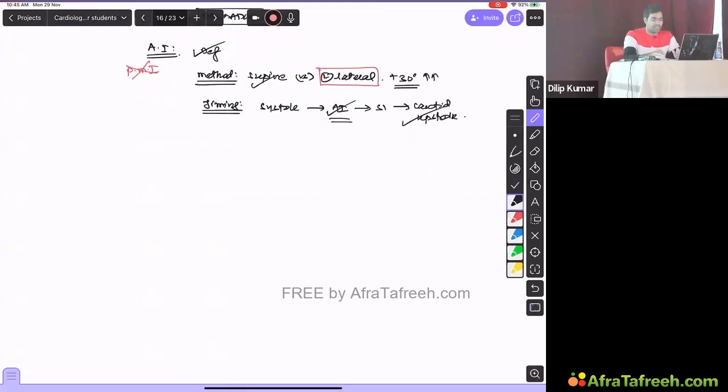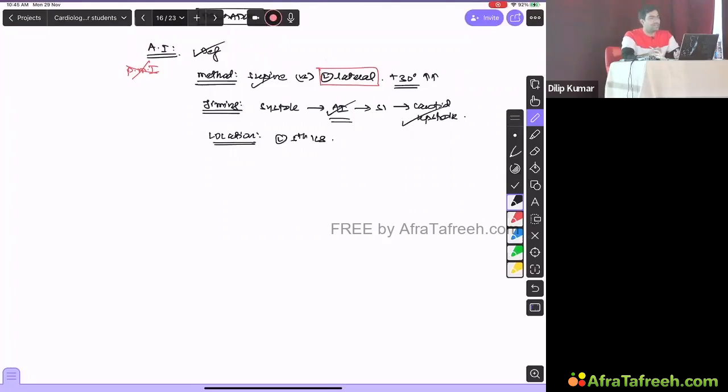And what are the abnormal apical impulses? And what is the location basically? Location of the apical impulse. What is the normal location? Okay, left fifth intercostal space is the normal location. There are multiple definitions.